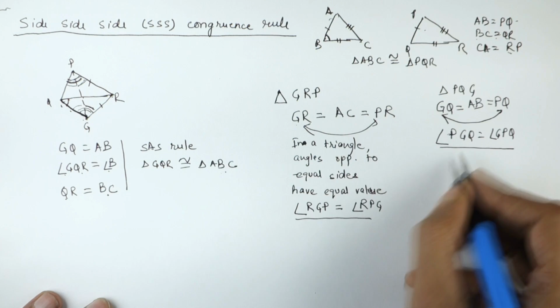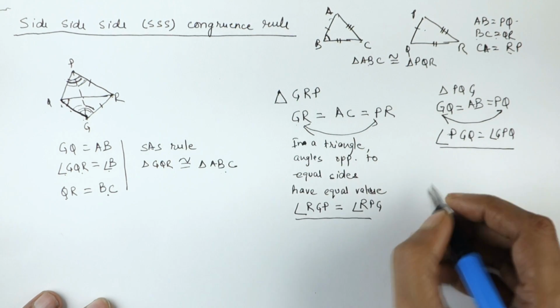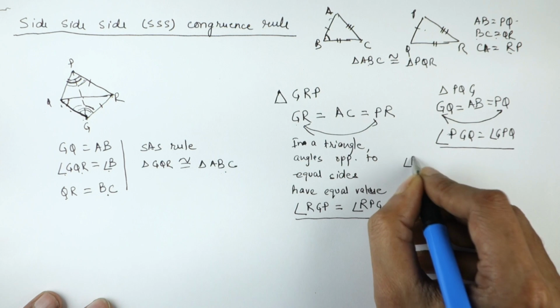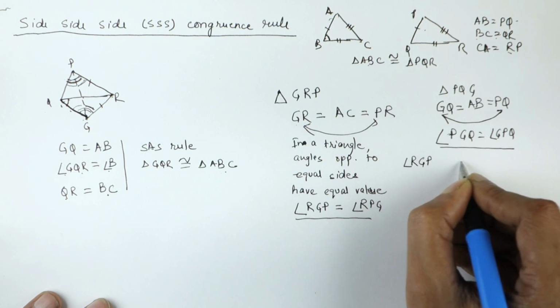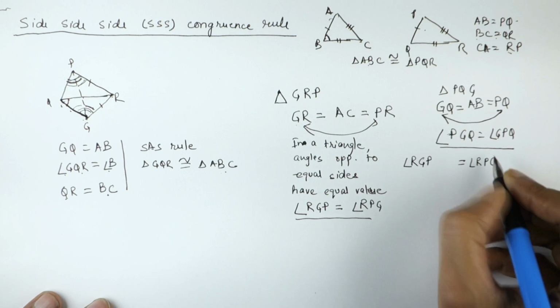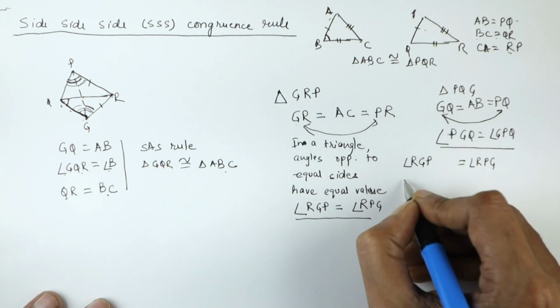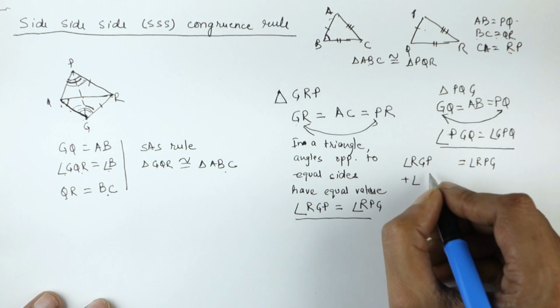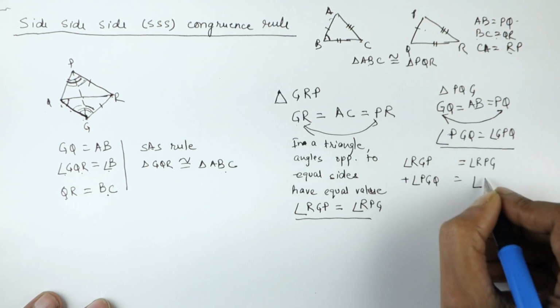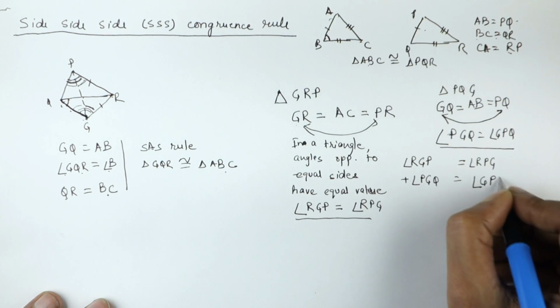Now we have got these two equalities, and let us simply add them. Angle RGP is equal to angle RPG, plus angle PGQ is equal to angle GPQ.